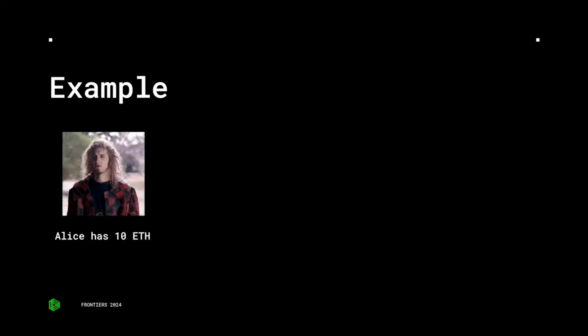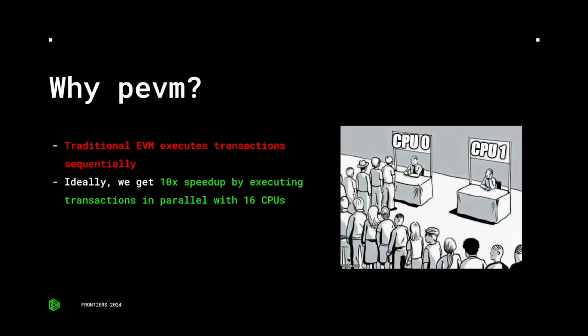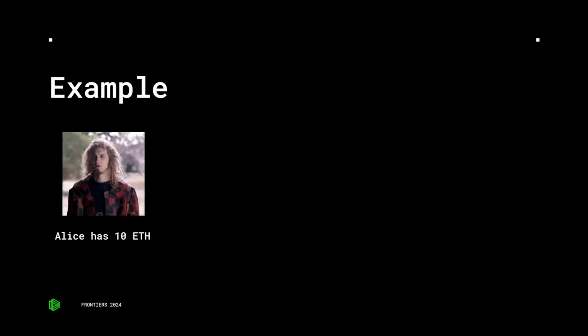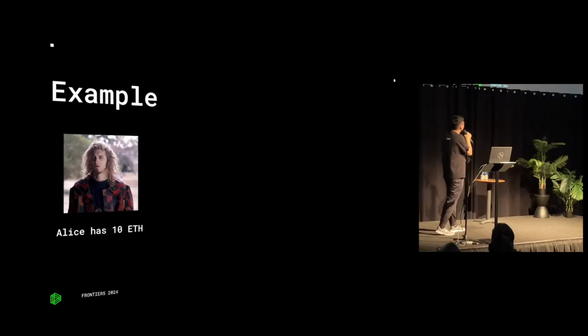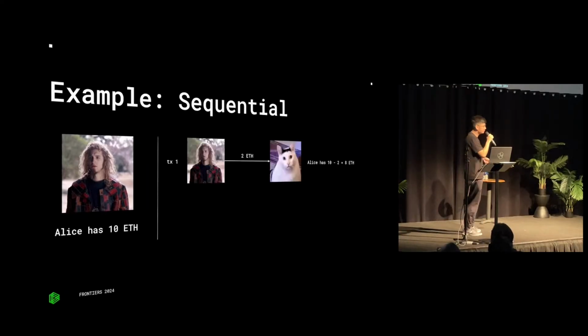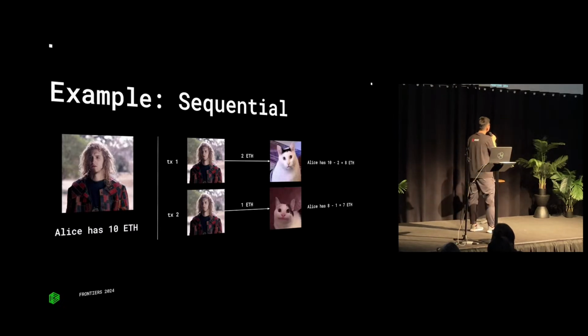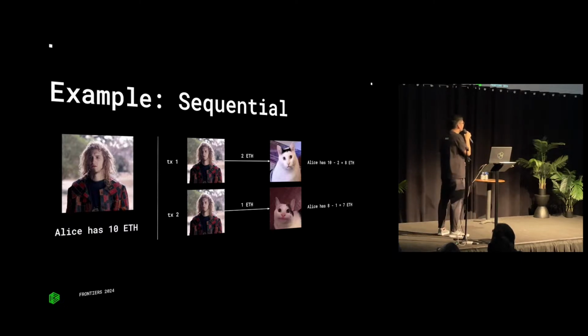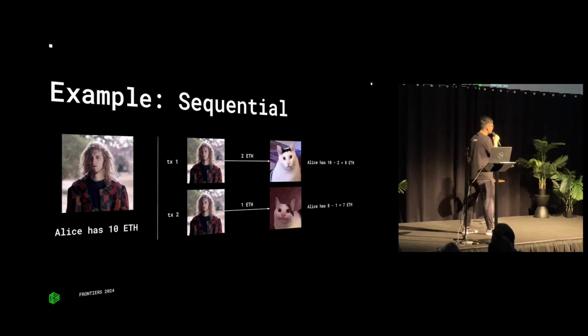So let's start with Alice having 10 ETH. Then in the first transaction, she sends 2 ETH to Bob, and now she has 8 left. And in the next transaction, she sends 1 ETH to Carol, and now she has 7 left. So this is very simple and intuitive in the sequential world, right?